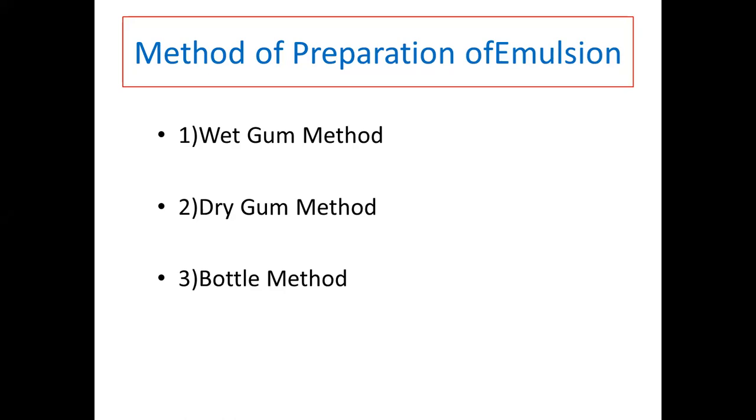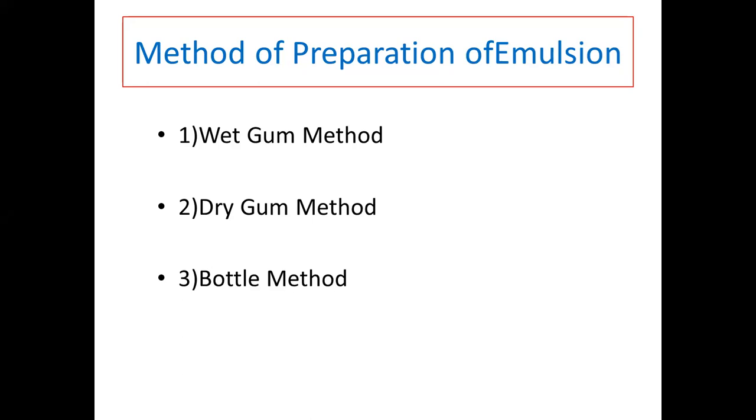For mineral oil the ratio is 3:2:1. Examples of fixed oil are castor oil, almond oil, arachis oil, cod liver oil. Example of mineral oil is liquid paraffin. Examples of volatile oil are turpentine oil, peppermint oil, and cinnamon oil.